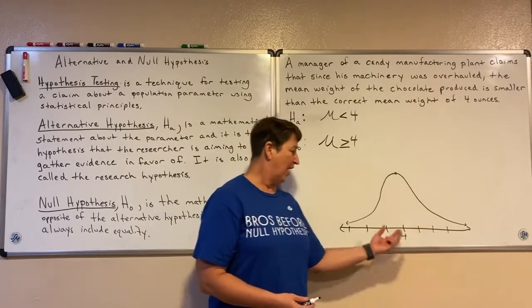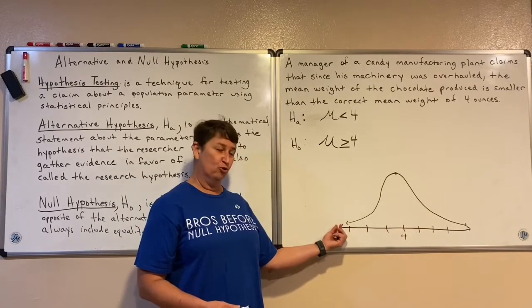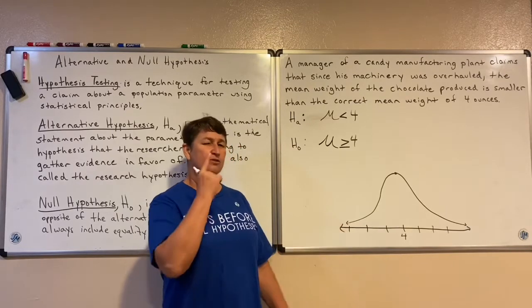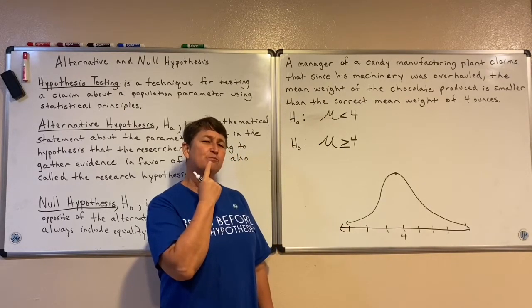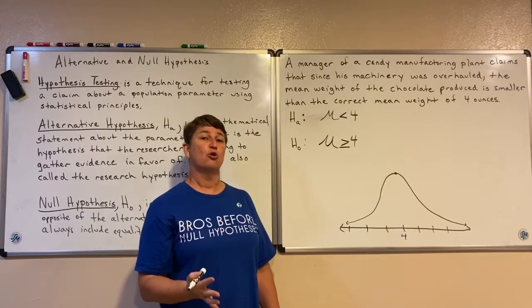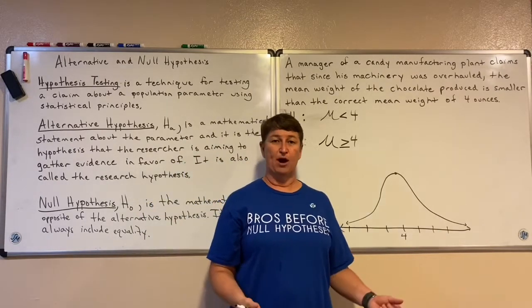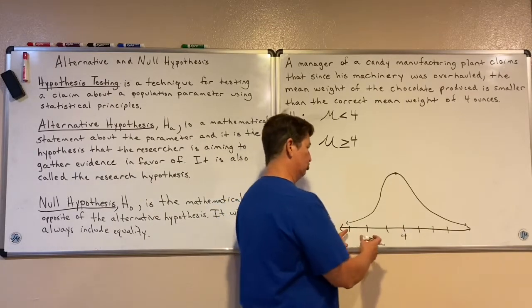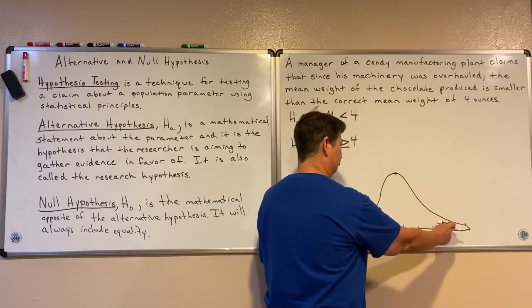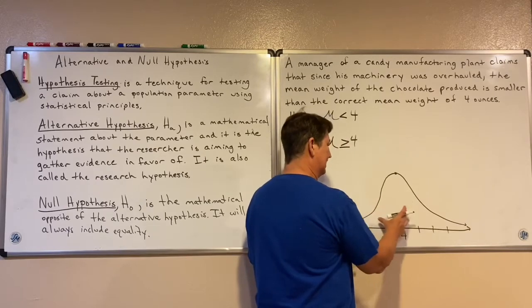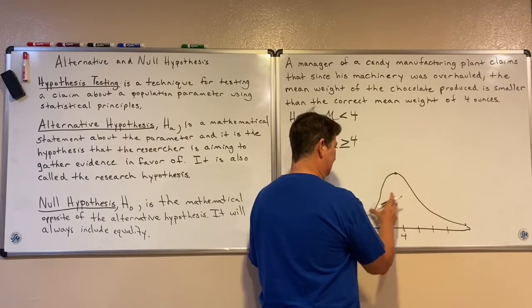If, however, I get some value way out here, then I can start to think to myself, that's really curious, that's weird. So that's kind of the idea of hypothesis testing: we're going to assume that our null hypothesis is true, that we're going to get some value in here.